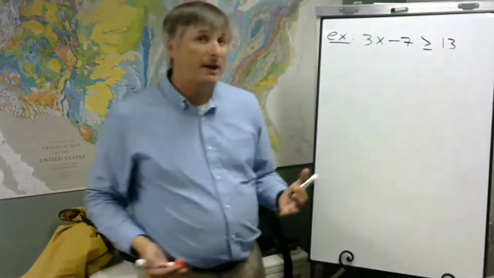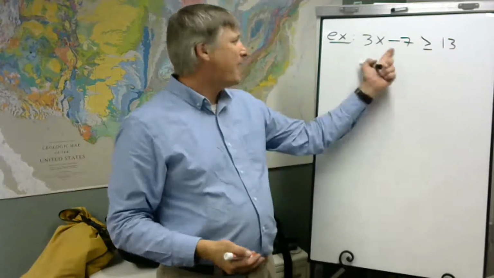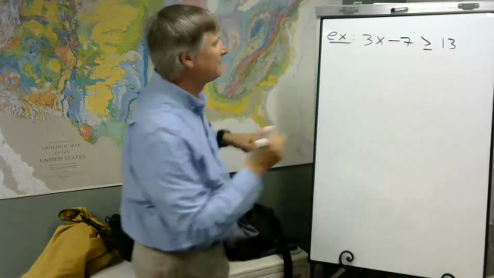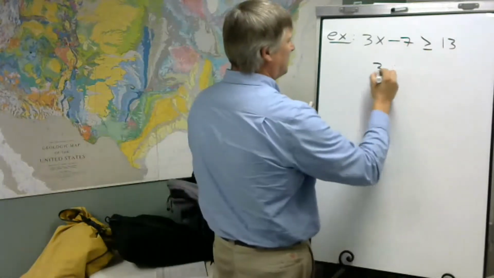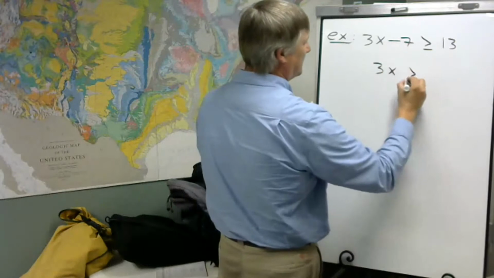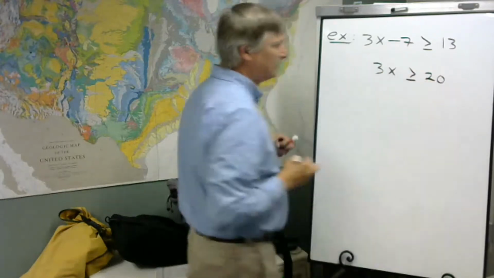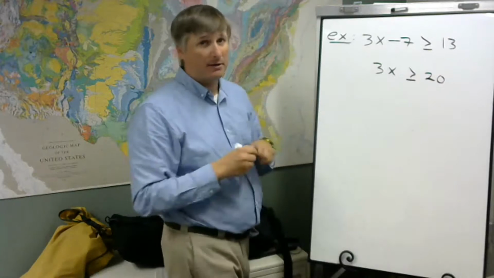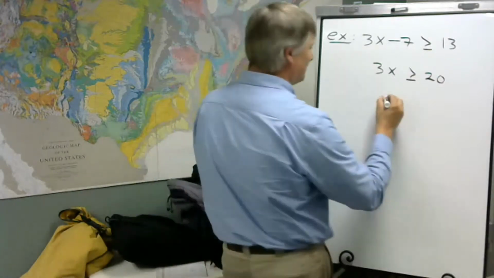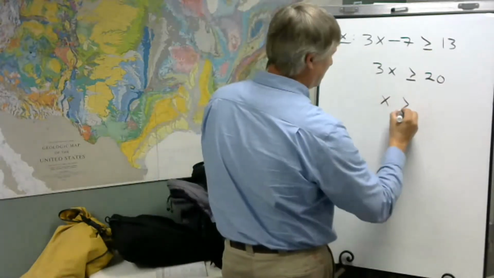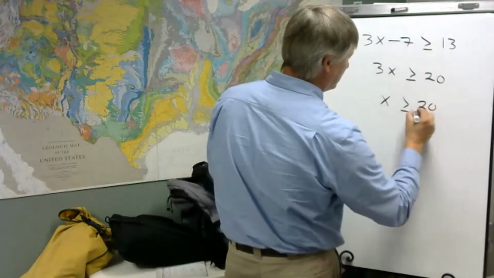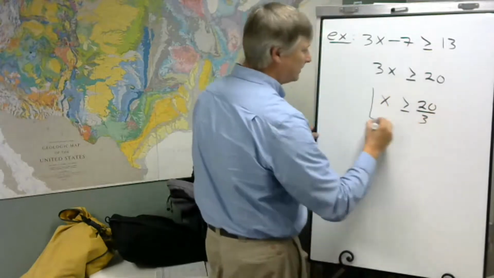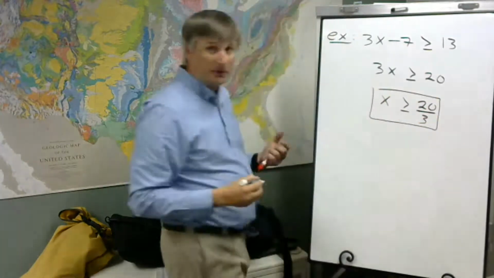So again, solve for x like it's an equation. We'll first add 7 to both sides. We have 3x less than or equal to 20. Divide both sides by positive 3, so we're not flipping anything around. x is greater than or equal to 20 over 3.